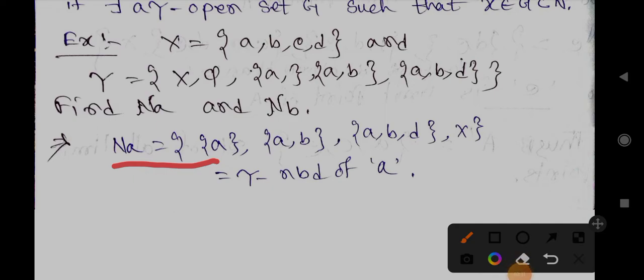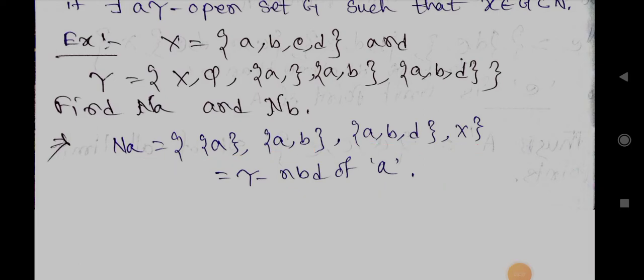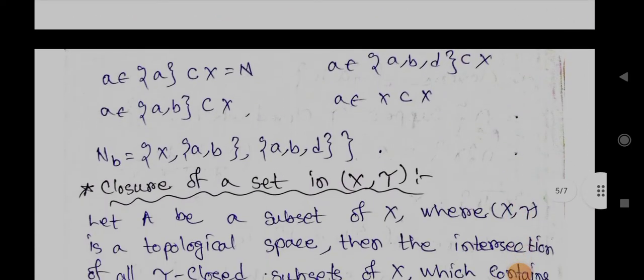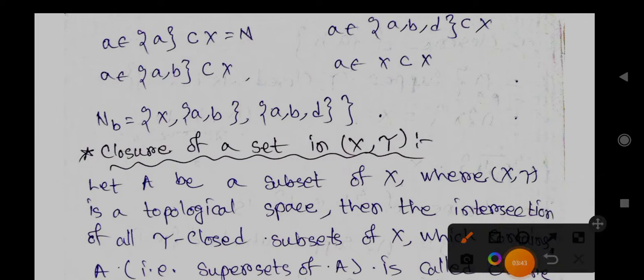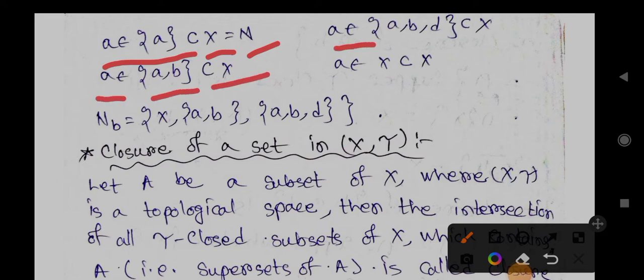NA = {A}, {A, B}, {A, B, D} and X, the τ-neighborhoods of A: A belongs to {A} subset X, A belongs to {A, B} subset X, A belongs to {A, B, D} subset X, A belongs to X subset X. And NB = X, {A, B}, {A, B, D}.